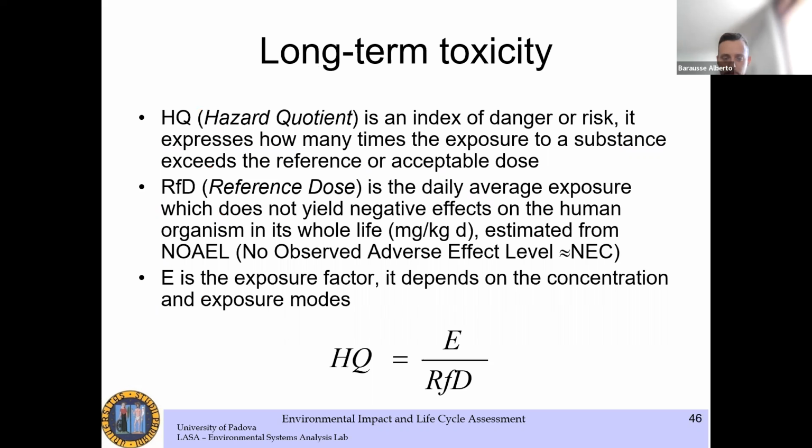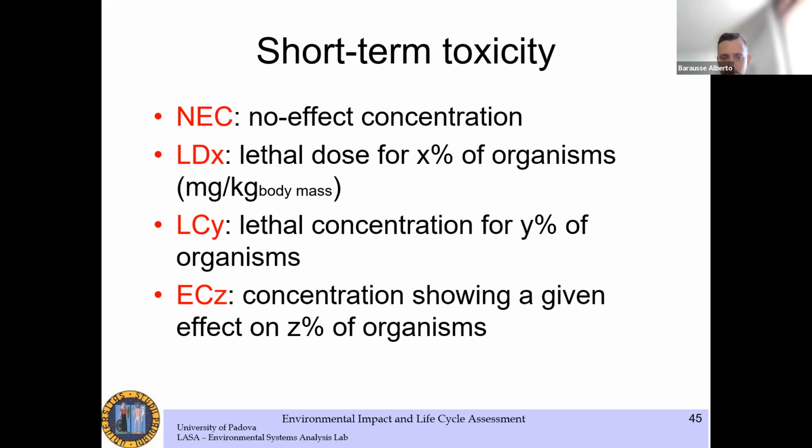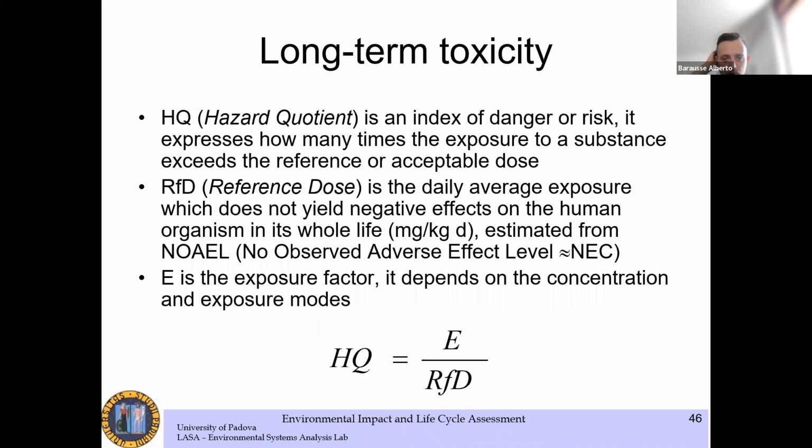And these are about short-term toxicity, while in the case of long-term toxicity, you can use the hazard quotient. It is a ratio which expresses how many times the exposure to a substance, to your contaminant, is higher than the acceptable dose.